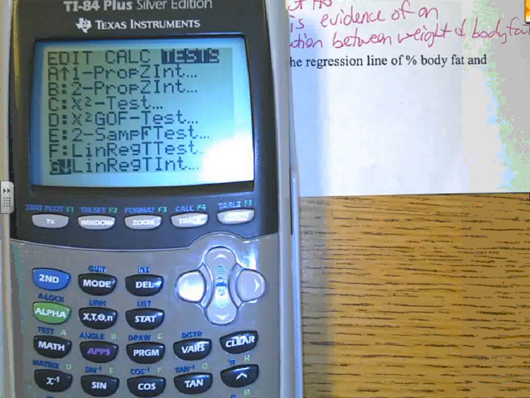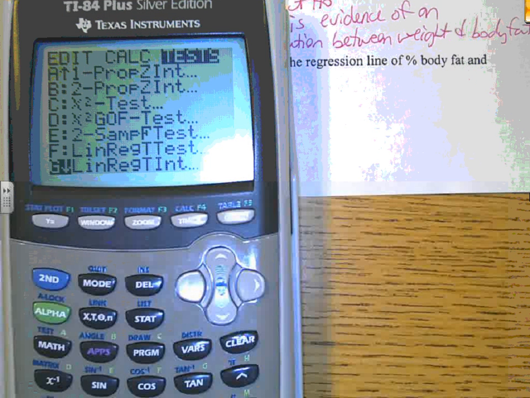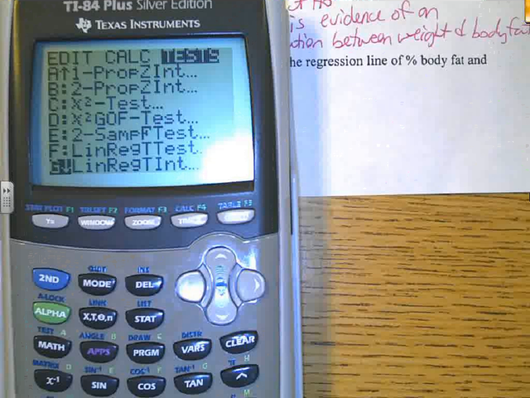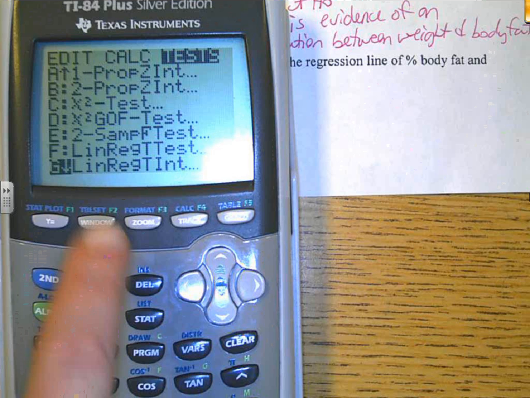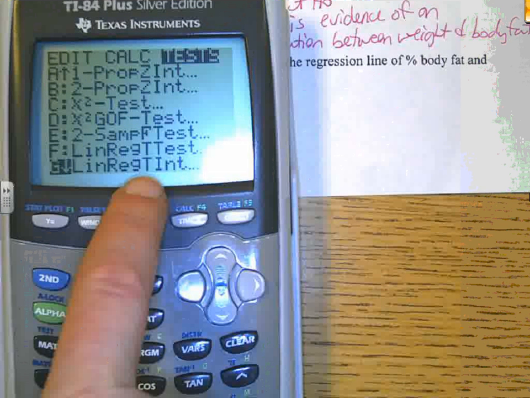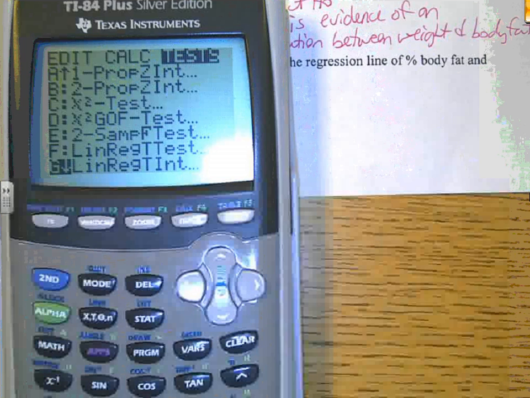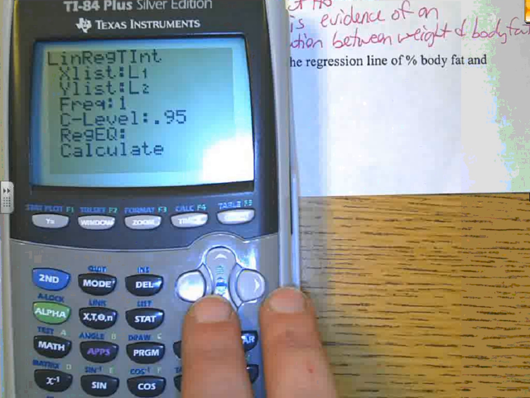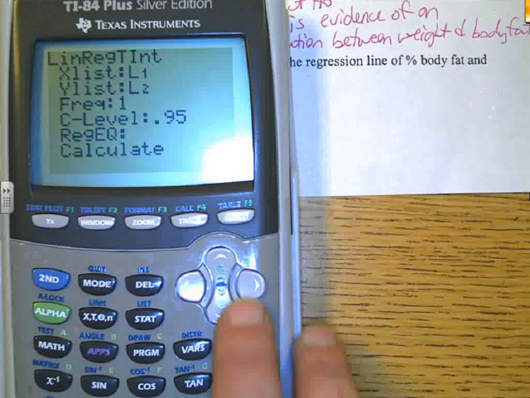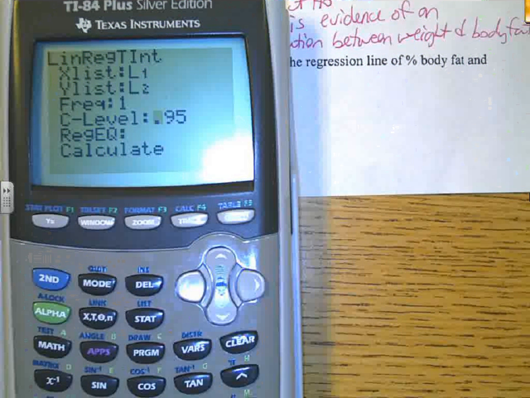Yes, you should always write either the name or the formula. The name would be a lot easier. Right underneath linear regression t-test, it says linear regression t-interval. Raise your hand if your calculator does not have that. I bet someone doesn't. You watch, and my suggestion is to just borrow a calculator for this. That would be the easy way.